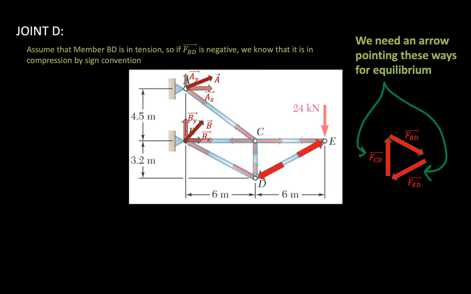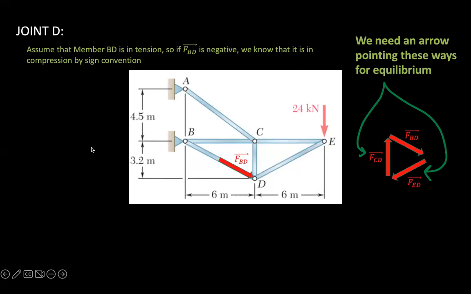Because remember we solved for FDE, which is this vector over here. And since FDE and FED must be an equal and opposite pair of forces, we know that FED points this way. So we can draw the vector in this way. FED, there you go. And FCD as a vector points from D to C.